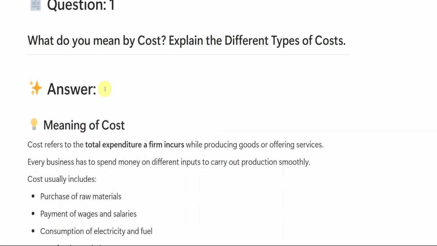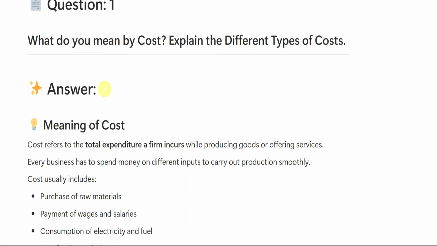Yeah, so whenever a business produces anything, whether it is shoes, cakes, mobiles or services, any kind of product, it has to spend some money, right? And that spending is called cost. Example, I have a company to produce chocolates.